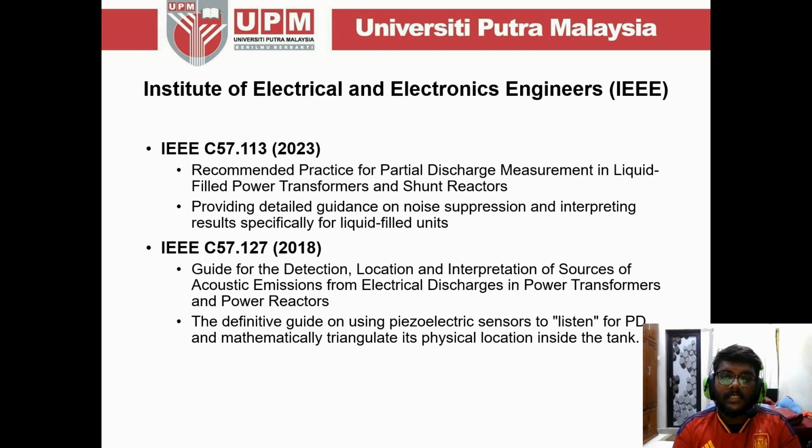It provides detailed guidance on noise suppression and also interprets the results specifically for liquid filled units. And IEEE C57.127 gives us the guide on detecting, locating, and interpreting the sources of acoustic emissions from electrical discharges in the transformer.